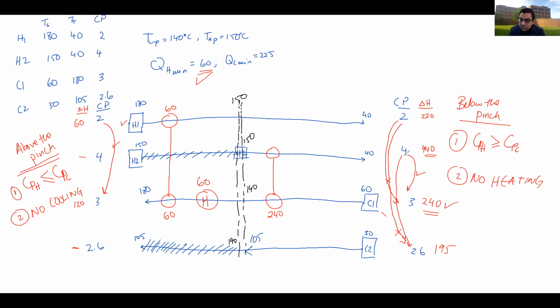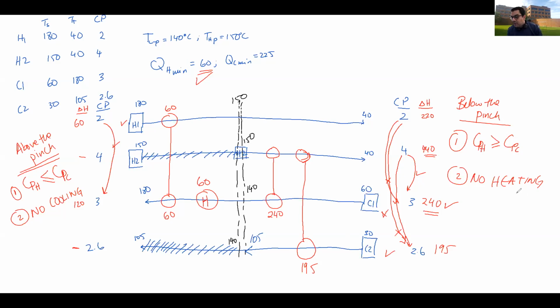Yeah, because CP hot is greater than CP cold. So let me connect the second heat exchanger here, all the way here. And this one needs 195, this one has 200 left, so I'm going to transfer 195 kilowatts. So C2 is satisfied. So below the pinch, I satisfied all my cooling streams.